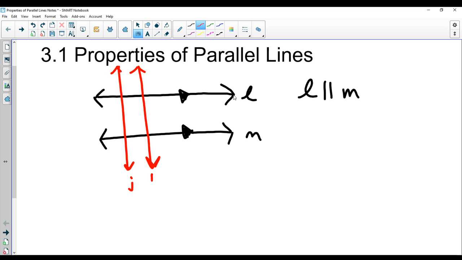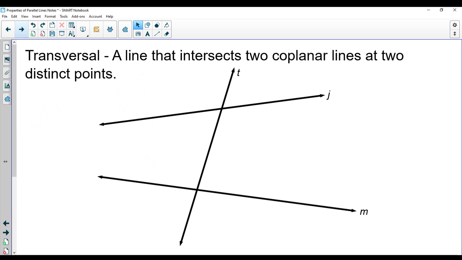Let's call those J and K. To tell you they're parallel, we would put two sets of arrows. So we would say J is parallel to K. But anyway, just to review what parallel is, basically it's two lines that never cross, okay? You all know that.